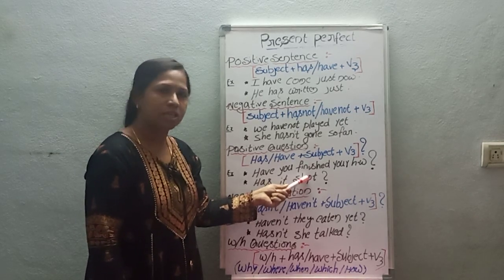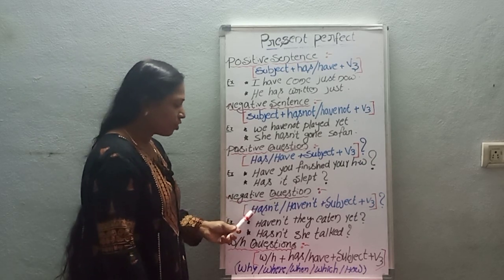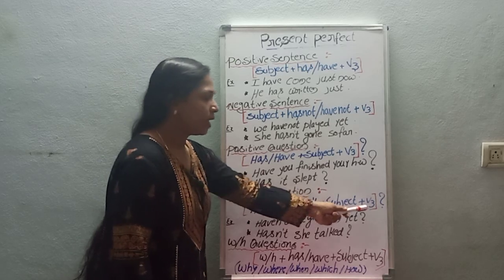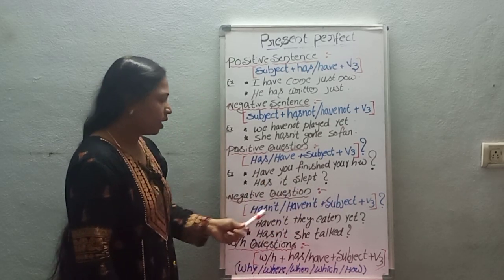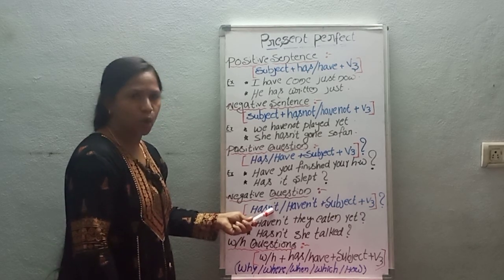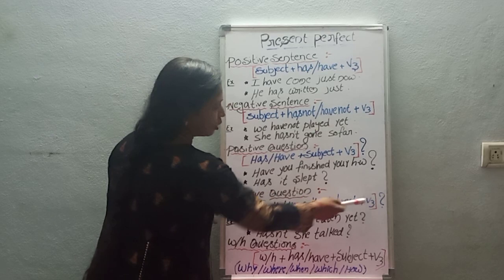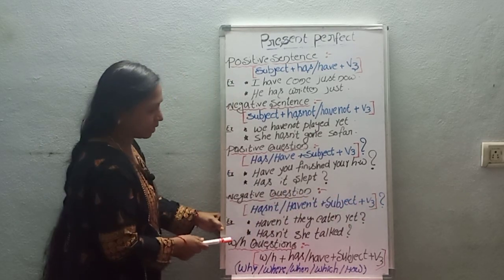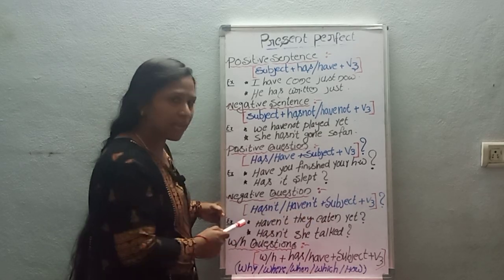In negative questions, the structure is has not or have not, and subject and the third form of the verb, because this is a negative sentence. So I used not: has not or have not, and the subject and the third form of the verb, and there is a question mark at the end of the sentence. The examples are: haven't they eaten yet?